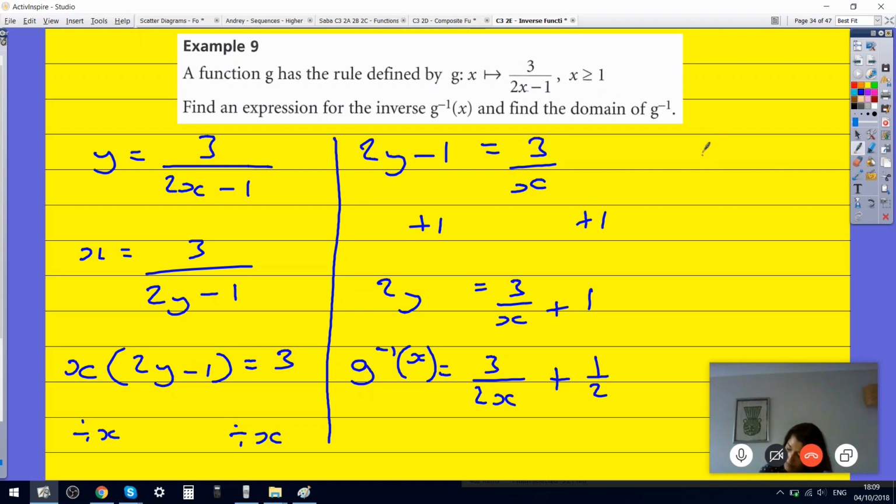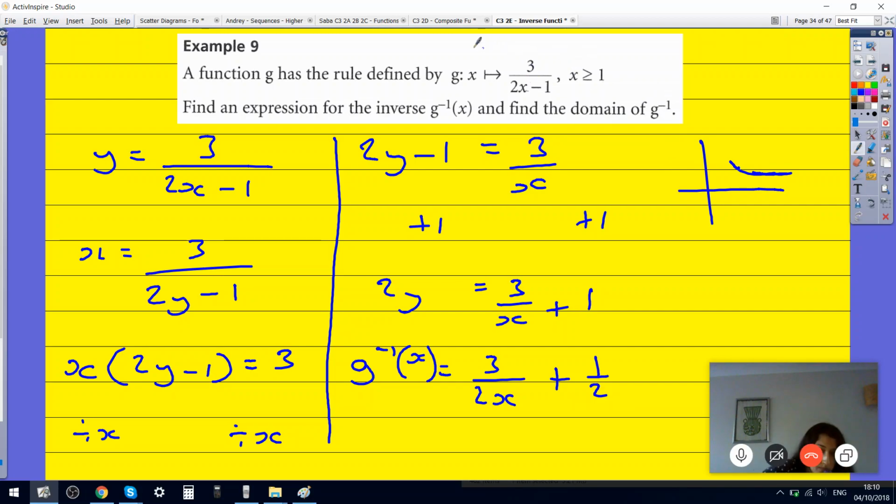I'd probably just put it in the calculator and get a table of values. So it's going to be a reciprocal graph, so it'd usually be something like that. Because x is greater than or equal to 1, that means it's going to be something like that. And then get the possible y values as the domain for the other one.